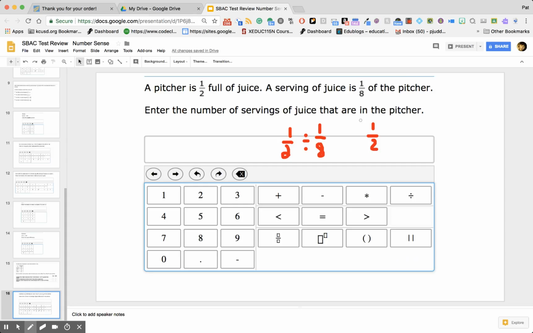I'm going to change division to multiplication. 1/2 times 8/1. I can reduce and I end up with 4/1 or 4.